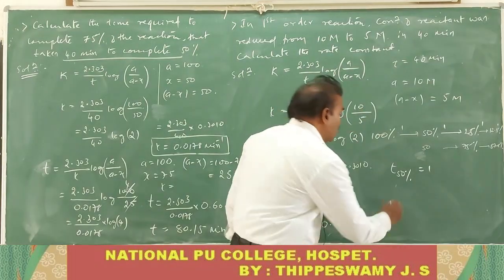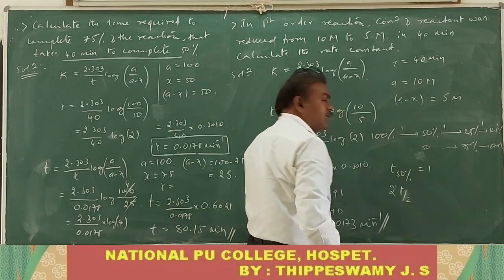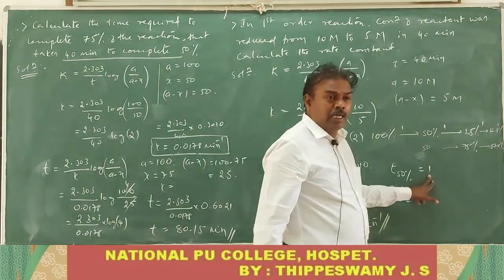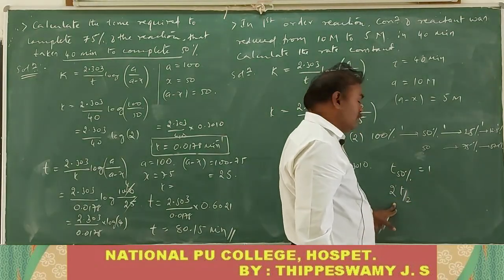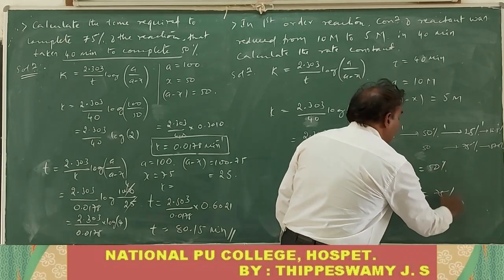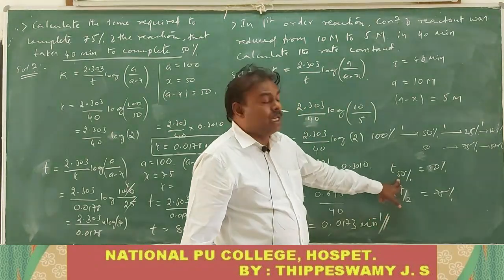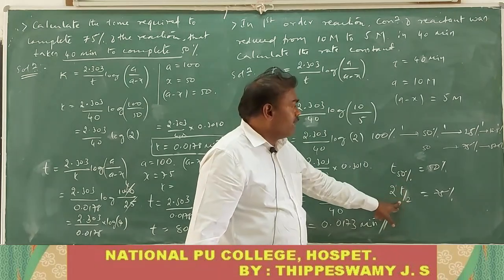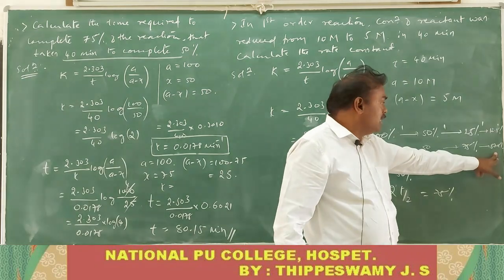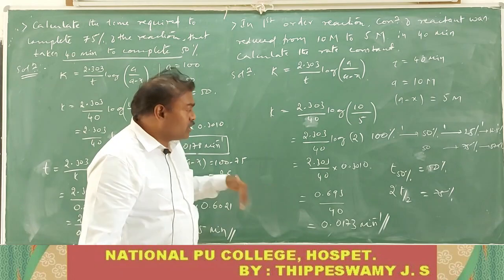Number of half lives: one half life means 50% only, 2 half lives means 75% completion only. Like this you have to understand how much reaction is completed: 50% or 75% or 87.5% or 93.75%, like that. Number of half lives you have to take, and based on that you can answer.